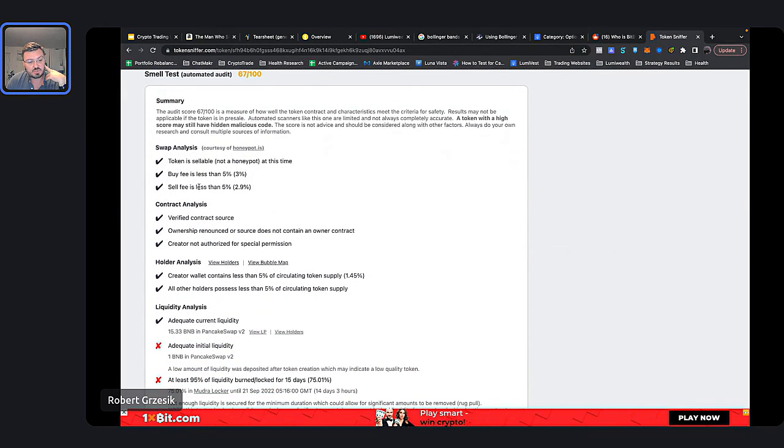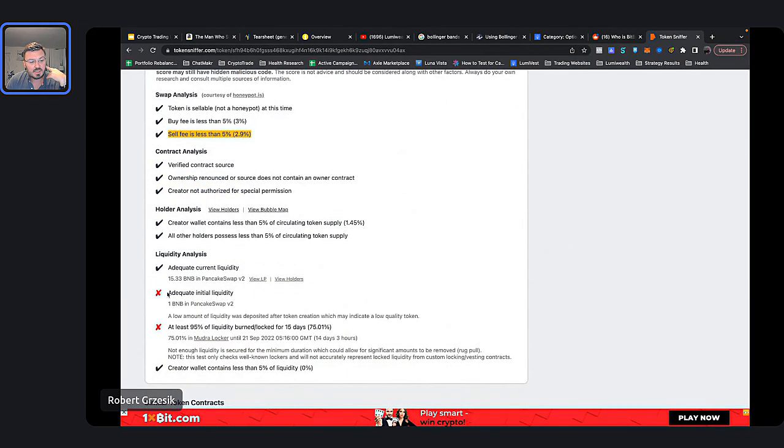They check for swap, buy fee is less than whatever percent, sell fee is less than 5%. Is there enough current liquidity? How much of it has been burned or locked in the 15 days? How much does the creator own of this thing? Is this a coin that's about to steal all your money or not?